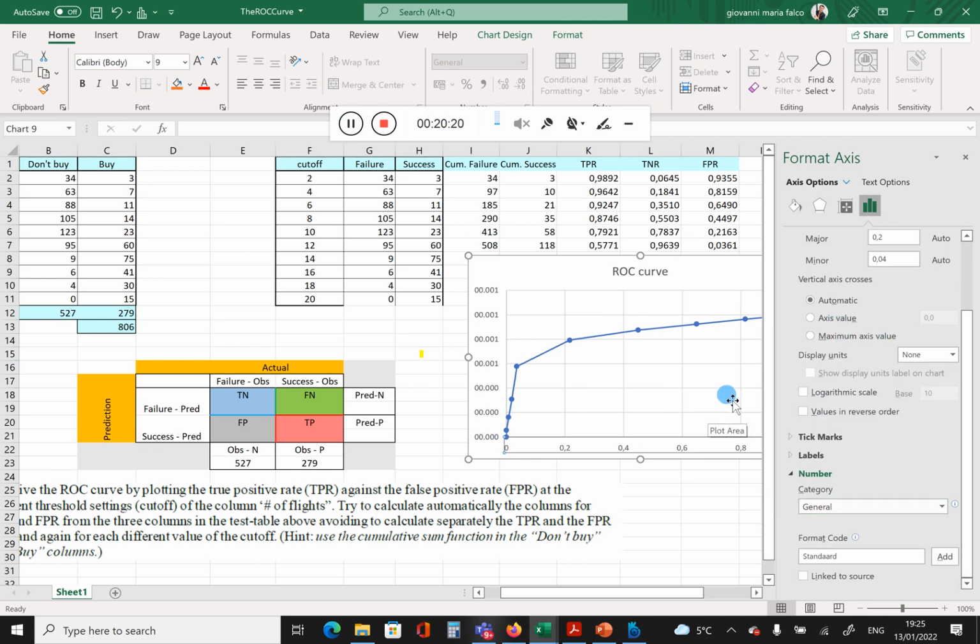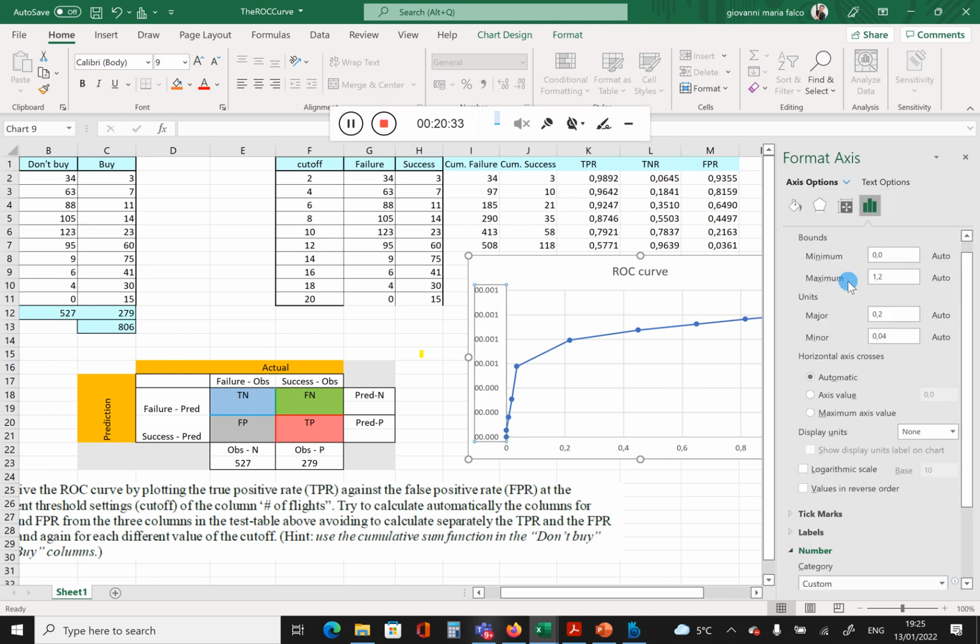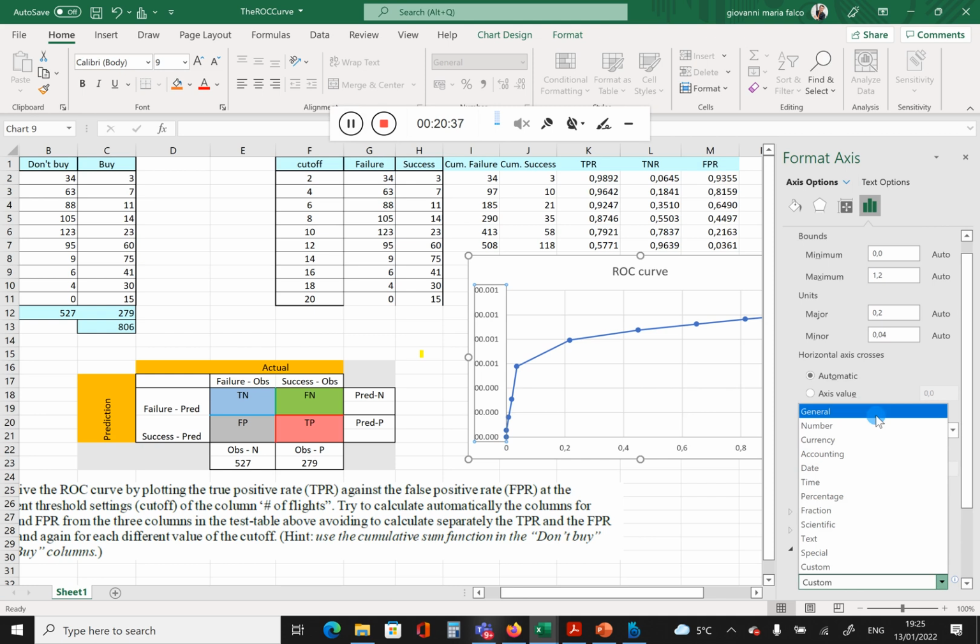I do the same on the y-axis, where it is also custom. I don't like it, so I take general.